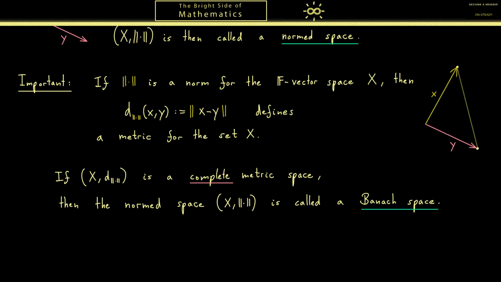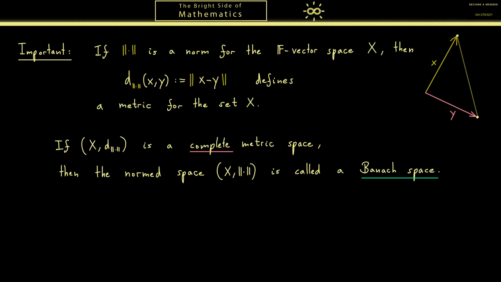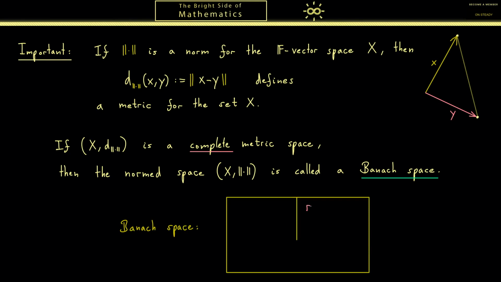Okay, so now you know the definition of one of the most important objects in functional analysis. So you see, we have ingredients from the algebraic side and also from the analytical side. On the one hand, we have a real or complex vector space, and on the other hand, we have a complete metric space.